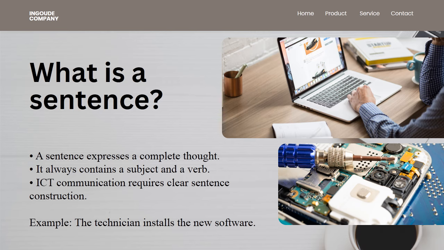For example, in the sentence, the technician installs the new software, the subject is technician, the verb is to install, and the object is software. Together they form a clear, meaningful statement.